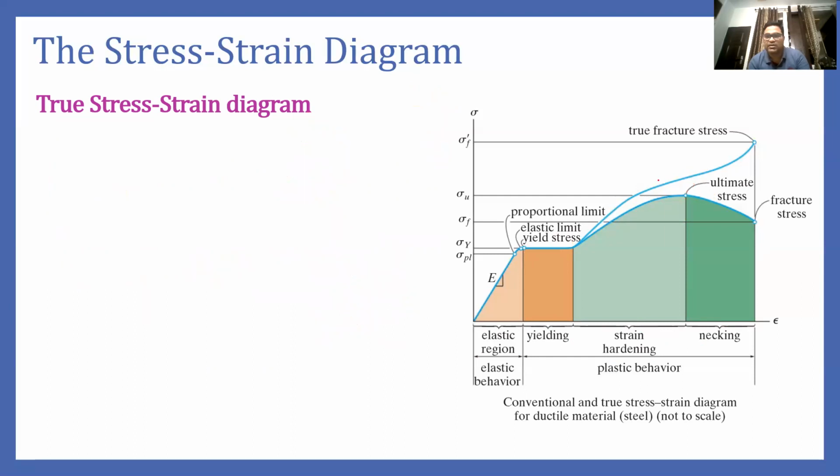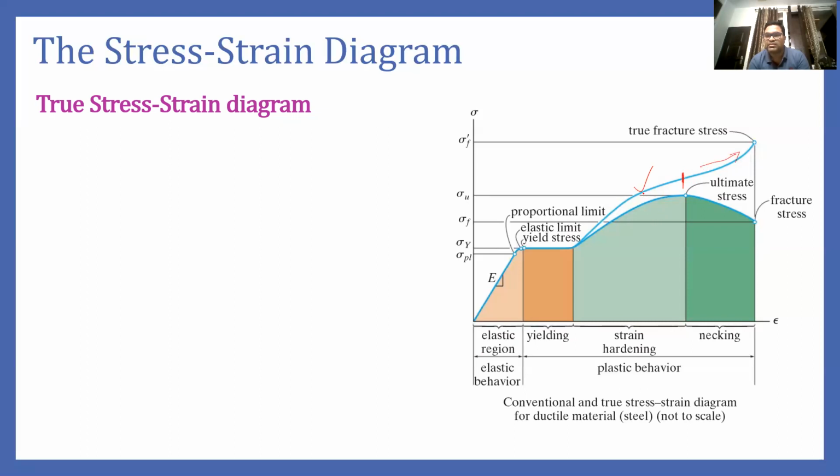This curve is actually showing the true stress-strain diagram. As the area of cross-section is decreasing and force is increasing, the stress will actually be increasing at this point. As we further increase the load, the area of cross-section decreases and ultimately the stress increases.